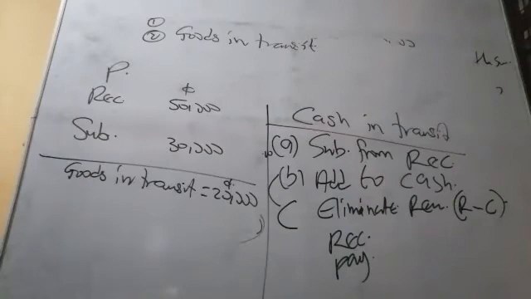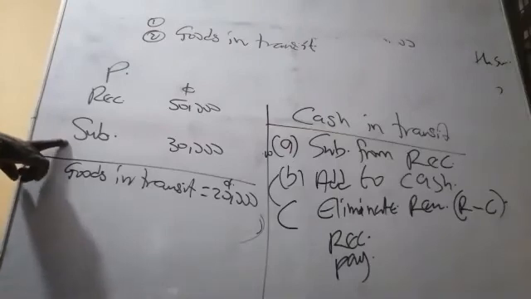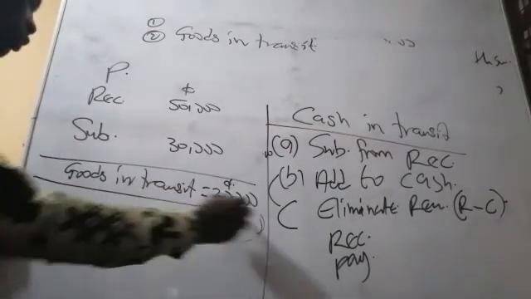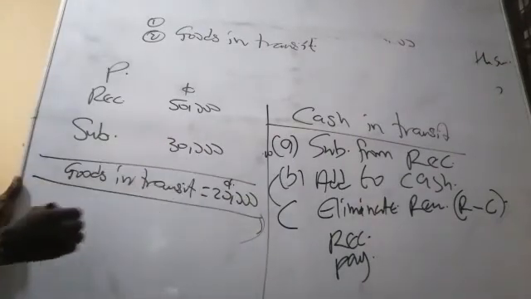Good. Now, how do you do the consolidation? Here we are going to assume that the receiving company has received the goods. So step one: what would be the accounting treatment when the subsidiary received the goods?